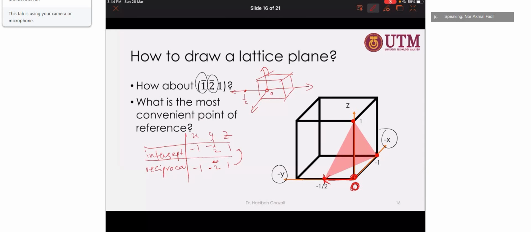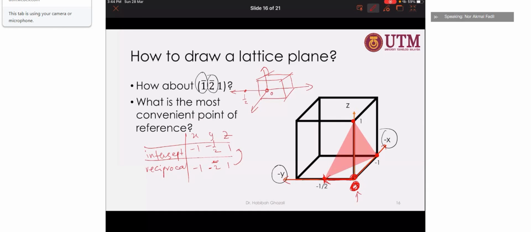So that's the reason you need to identify the origin first and draw the respective axis in the respective direction, negative, negative, negative, or positive. Then you just locate the intercepts, connect all the intercepts, and draw the plane.